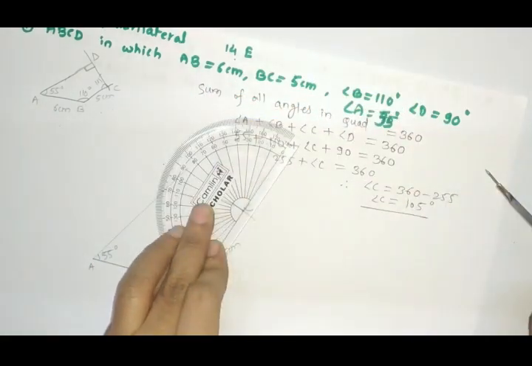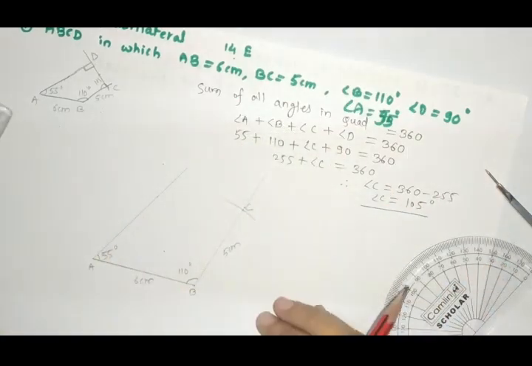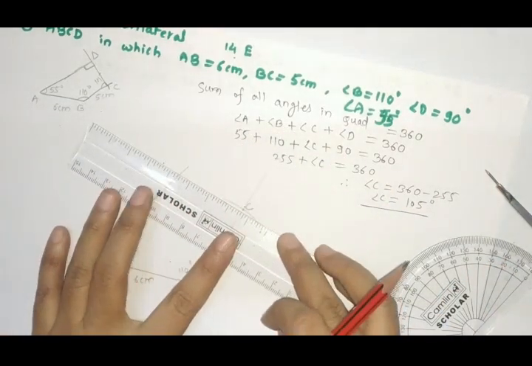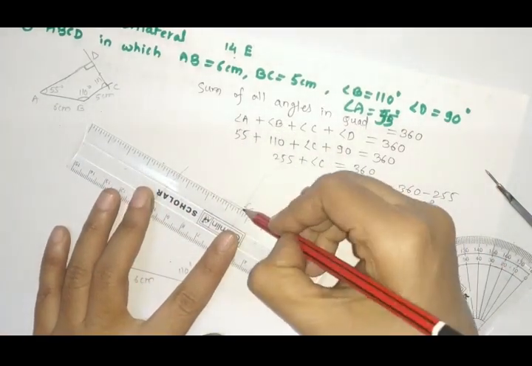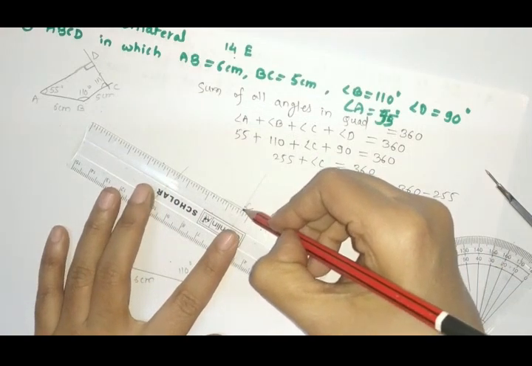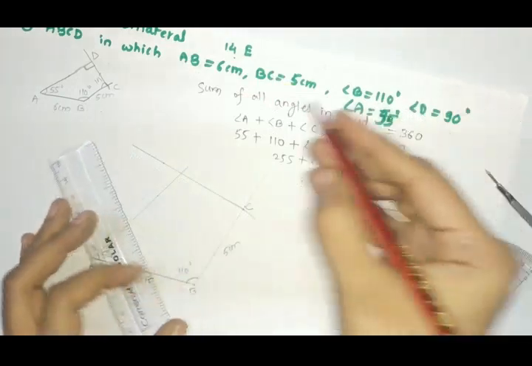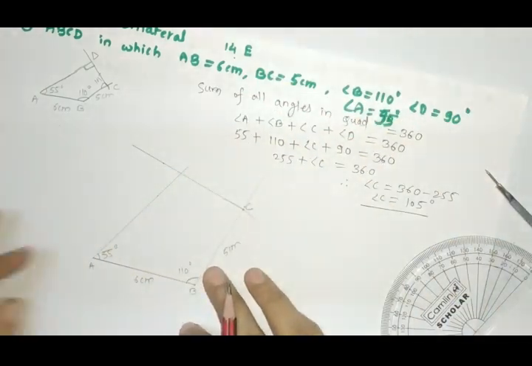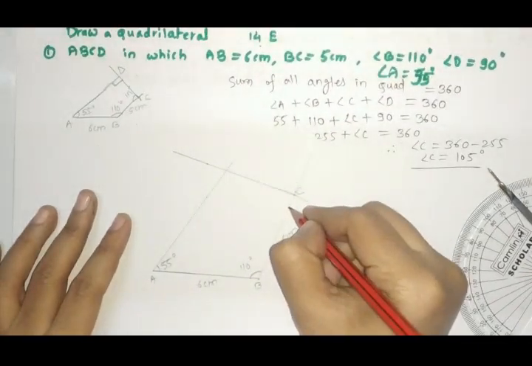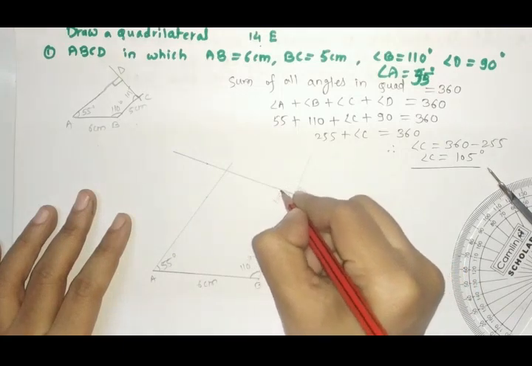Just draw the line and let it intersect with the other line. So it is coming here. Friend, this is 105 degree.